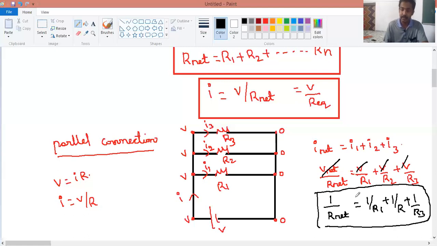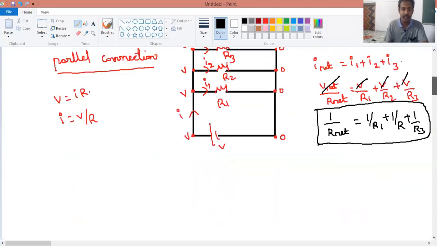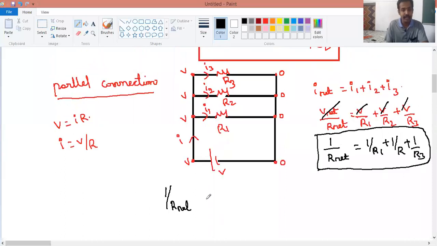But suppose n resistors are connected in parallel connection, then 1 by R net is equal to 1 by R1 plus 1 by R2 plus, and so on, 1 by Rn. This is what happens when n resistors are taken in parallel connection. This is a very important formula you should remember.